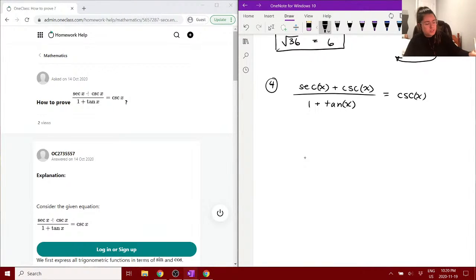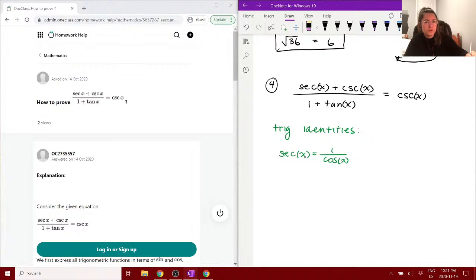So let's first think of some trig identities that will be able to help us. These can be helpful. We have secant x is equal to 1 over cosine x.